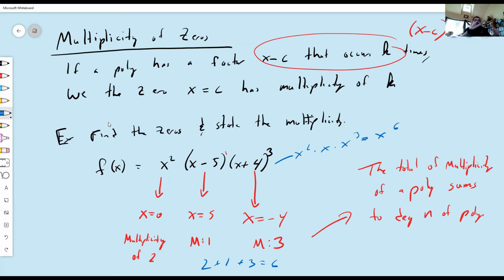Now, the reason we care about multiplicity is it actually determines behavior of the curve. It tells you how the curve behaves at the x-intercept, and also a little bit how it behaves near the x-intercept.